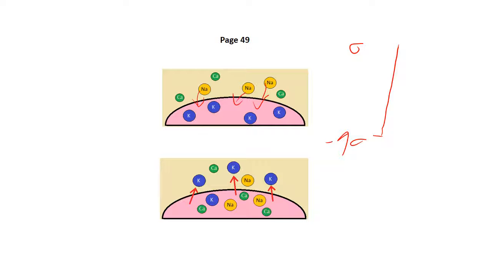A lot of times sodium will overshoot. We'll get a little too much sodium coming in, and so this will go on up to like 5 millivolts. When that happens, a couple of potassiums, just a little bit, will jump out to try to get us back down to 0.